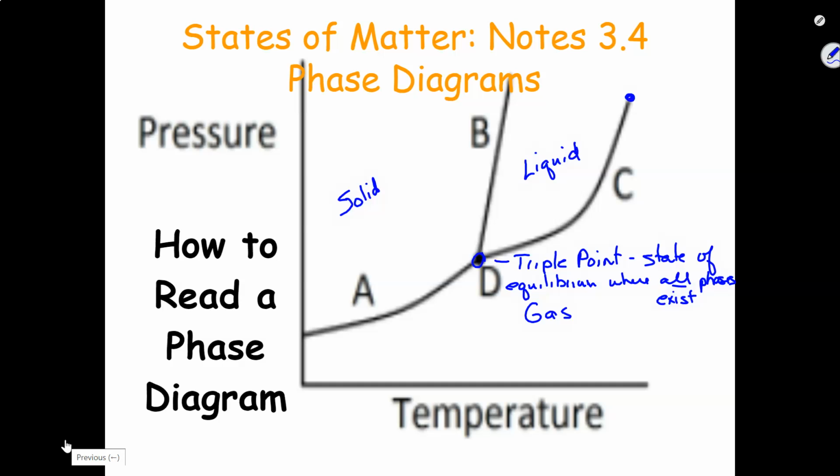This point is called the critical point. The critical point is at extremely high temperatures and pressure. If something is at an extremely high pressure and temperature, we get a substance that is called a supercritical fluid.